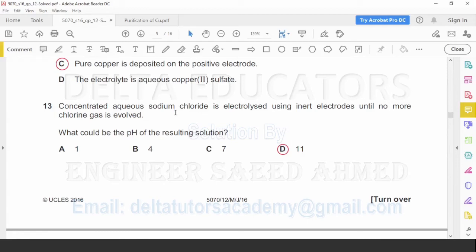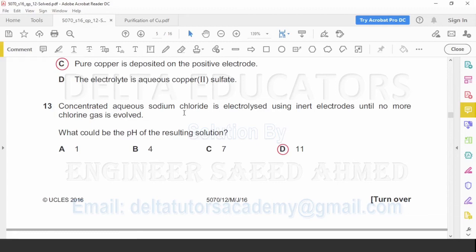In the solution we have sodium ion, chloride ion, hydrogen ion and hydroxide ion. Hydrogen ions are positively charged, chloride ions are negatively charged. So chloride ion will move towards the anode and hydrogen ion towards the cathode, and at the cathode hydrogen will gain electron and hydrogen gas will be liberated.